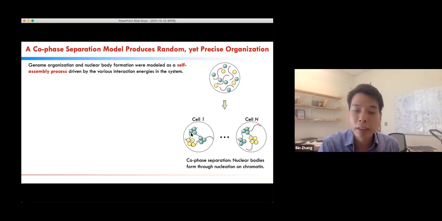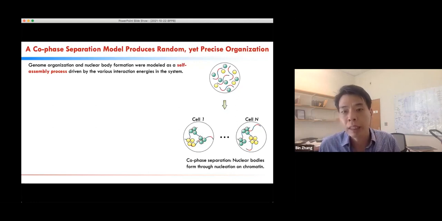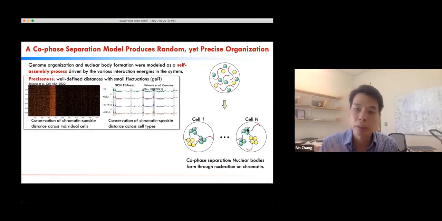This nucleation ensures a close contact with the individual chromatin segments. And because this nucleation happens in all cells, this will ensure that certain genomic regions always have a very well-defined distance with the nuclear speckles. This explains the precise distance that has been shown in previous experiments.